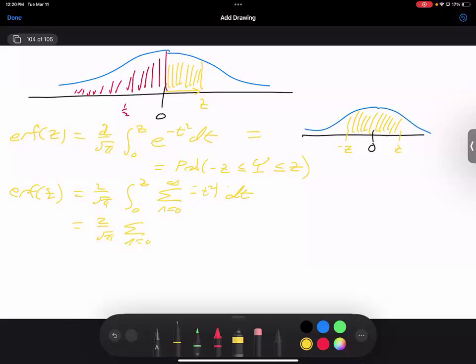Minus t squared to the n over n factorial. I'll get negative 1 to the n over n factorial, integral 0 to z, t to the 2n dt. And now that's 2 over square root of pi, the sum from 0 to infinity, negative 1 to the n over n factorial. And now I'll get z to the 2n plus 1 over 2n plus 1. And that converges nicely.